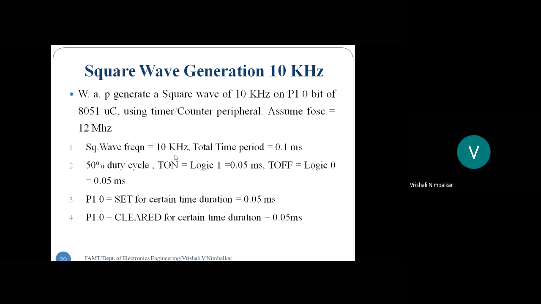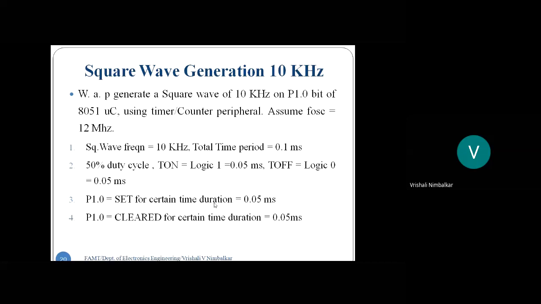So 10 kilohertz means the time period of one square wave is 0.1 millisecond. We will assume 50% duty cycle, so the square wave is logic 1 for half of its time, 0.05 millisecond, and logic 0 for the other half. How do we generate a square wave on that port pin?